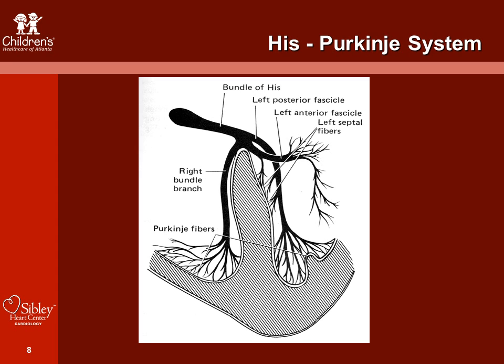The bundle of His, known as the common AV bundle, and again going into a right bundle branch and a left bundle branch. The left bundle then separates into a left posterior fascicle and a left anterior fascicle, whereas in the right there's only one predominant branch before both branches separate down into the Purkinje fibers.